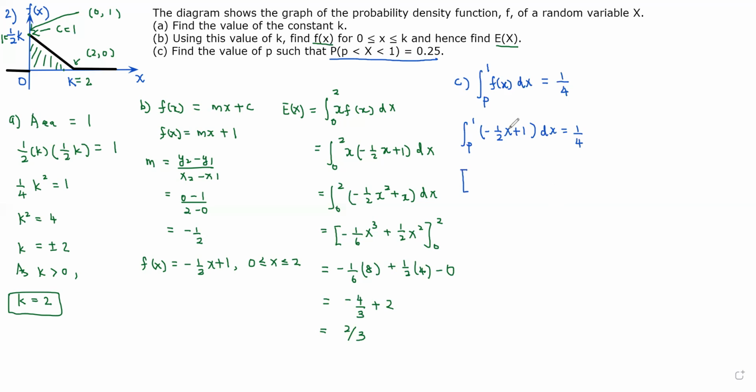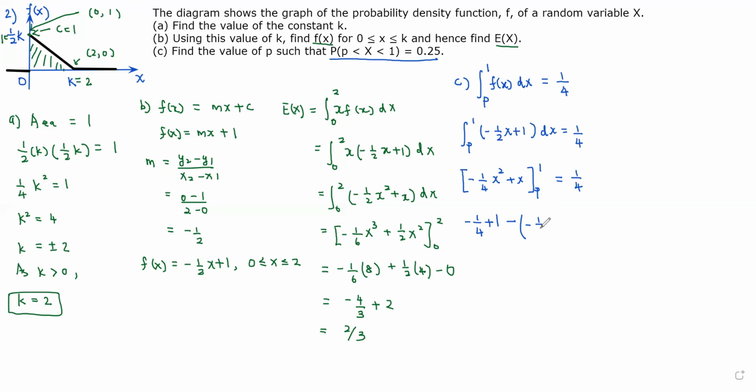Upon integration, this is x squared over 2. We have negative 1 over 4 x squared plus x from p to 1. That is 1 over 4. Evaluating, we replace x with 1. That will give us negative 1 over 4 plus 1 minus, now we replace x with p.